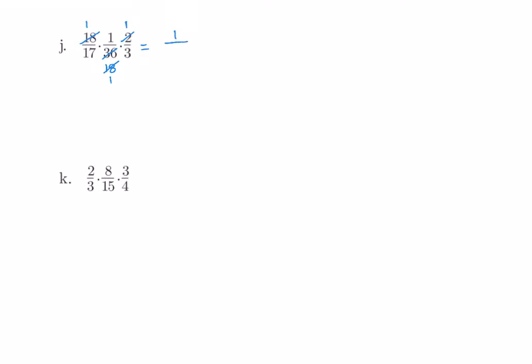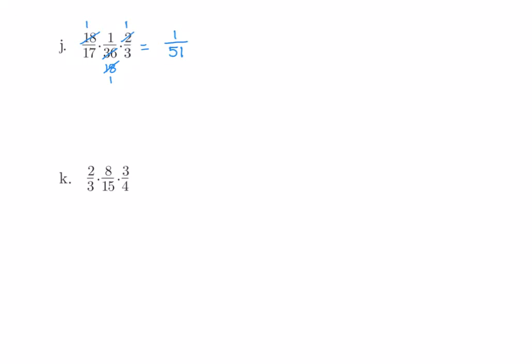On the bottom, I have 17 times 1 is 17, times 3. 17 times 3, I believe, is 51. And that is our final answer. Now, if you wanted, you could also cancel 18 and 3. Note that it doesn't matter where you do your cancellations, it just has to be a top and a bottom.